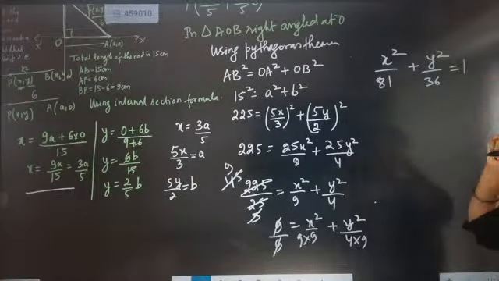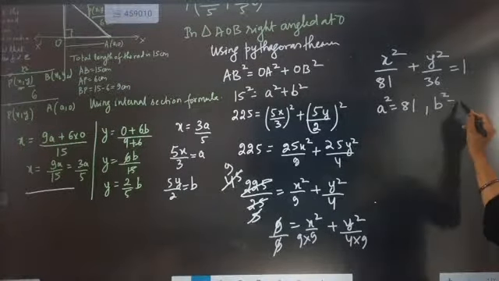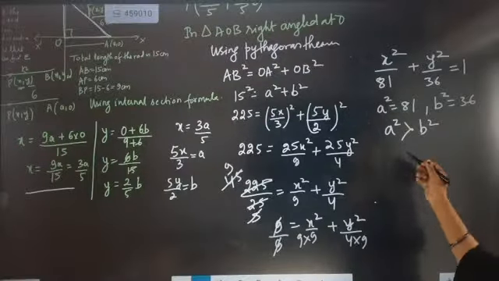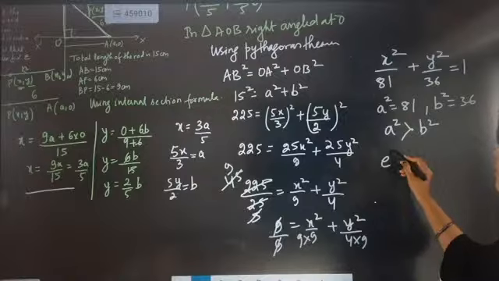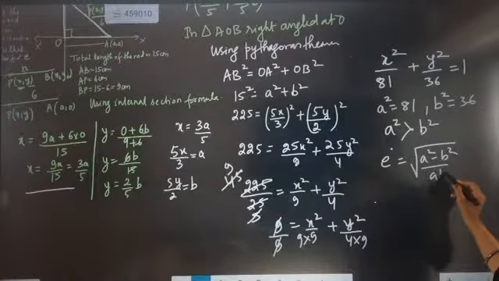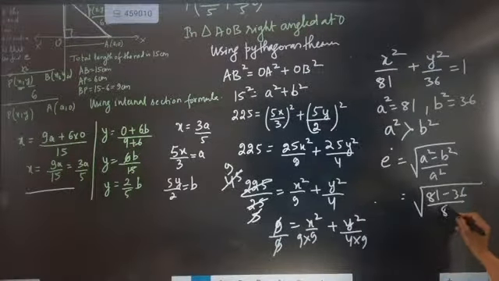So a square is coming as 81, b square is coming as 36. Since a square is greater than b square, the eccentricity formula will become root under (a square minus b square) by a square. So a square is 81 minus 36 by 81.